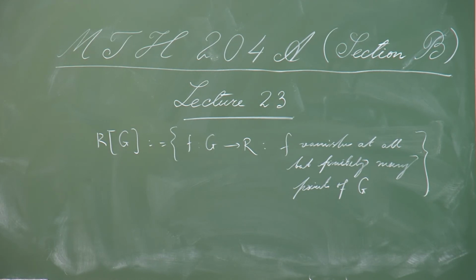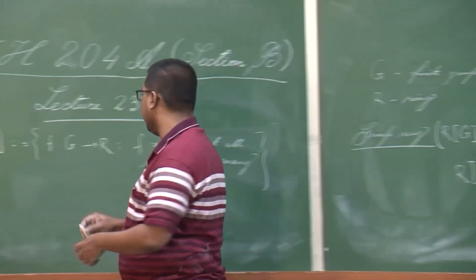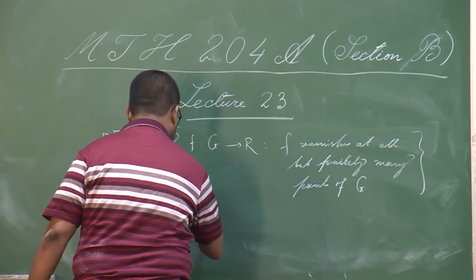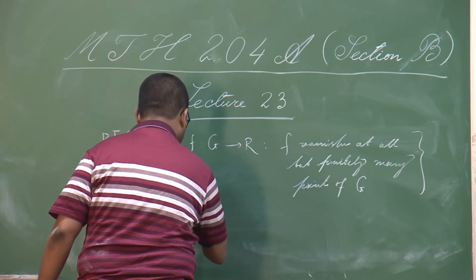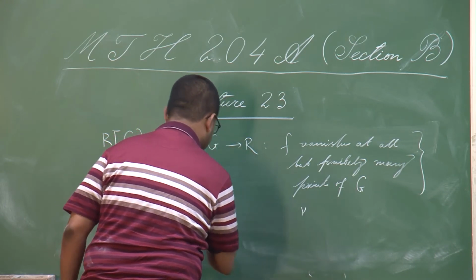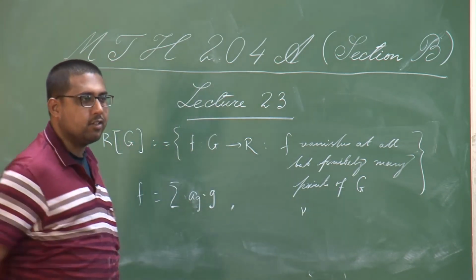If we convert that to here also, you can represent f by this notation, the sum of a_g g, but we have to mention that all but finitely many a_g are 0.